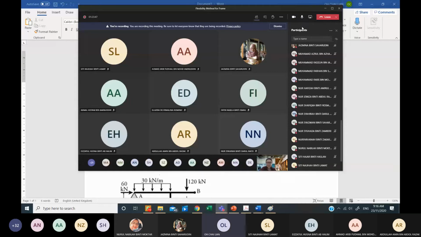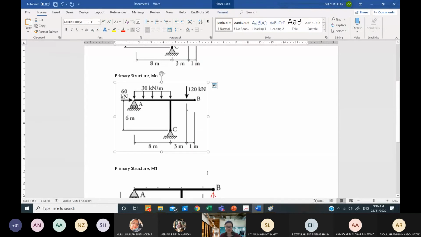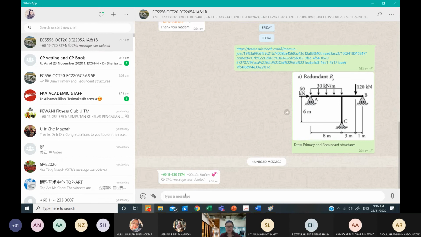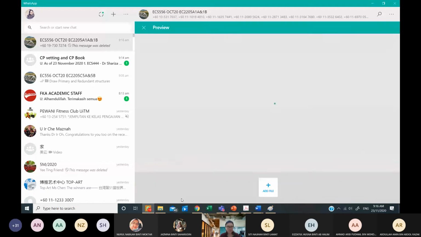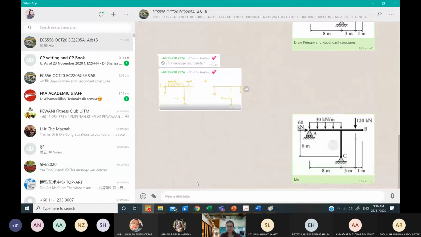Okay, class, have you drawn your primary and redundant structure? Yes. Thank you. Now I'm going to post the primary structure for you to check. Thank you, Huda. Please help me to check as well.